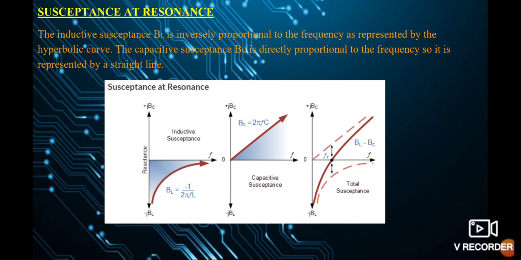Now when we add these two graphs, the resultant graph will look like the third graph, a hyperbolic curve cutting the x-axis at a point, and then the curve passing into the first quadrant giving a value of BC minus BL. So that is the resultant graph and the total susceptance for the resonance condition.